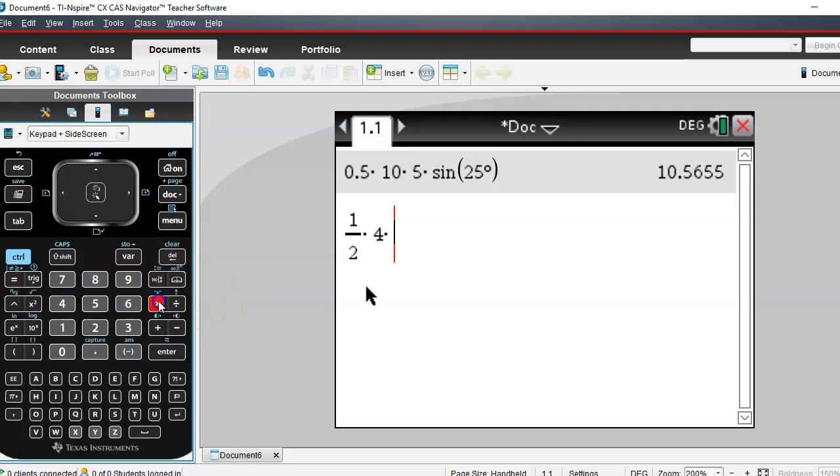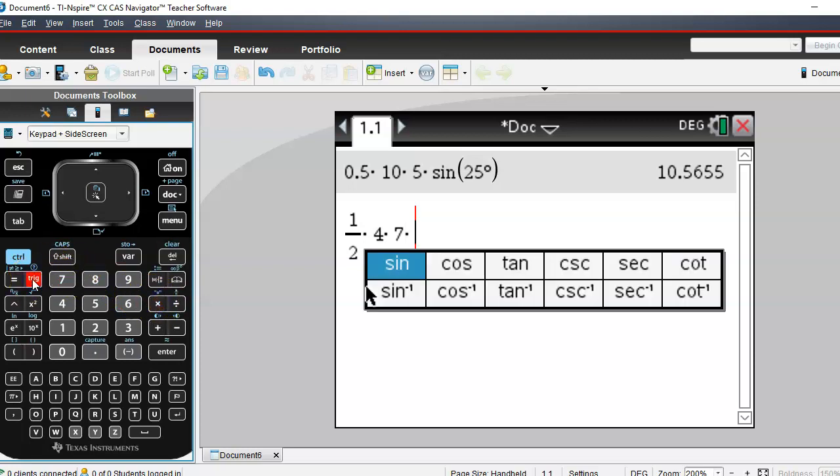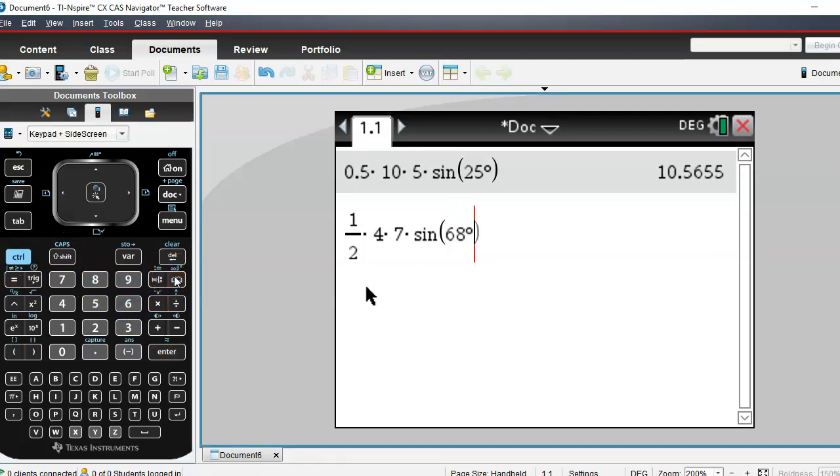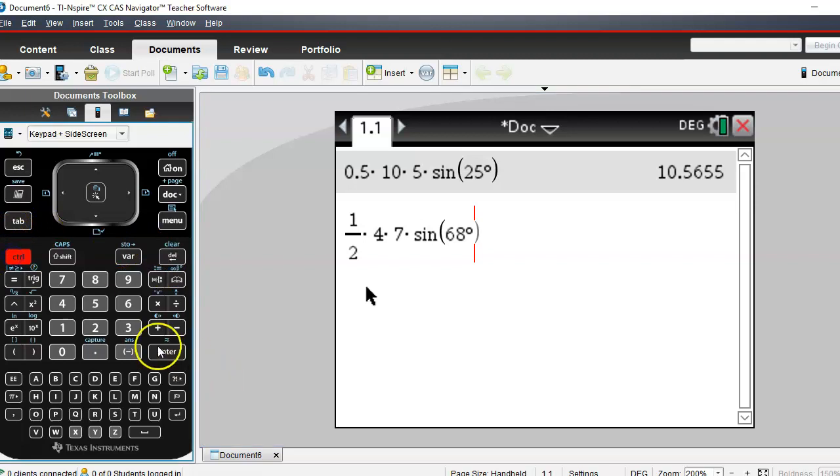Times 4 times 7 times sine 68 degrees, and I go approximately equals to 12.9806.